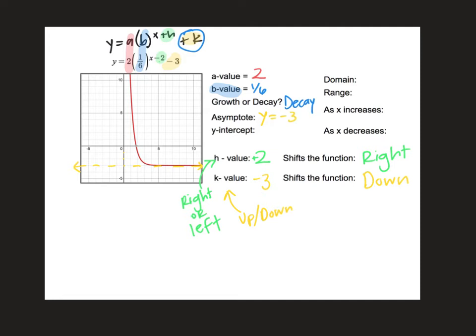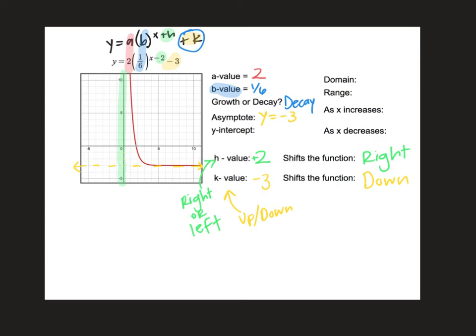The next thing we can find is your y-intercept. Remember, to find that, you can either figure out where does it cross the y-axis. So where does it cross this line here? I can't see that from my graph. So what I have to do is I have to plug in 0 for x. So I'm going to take my equation.